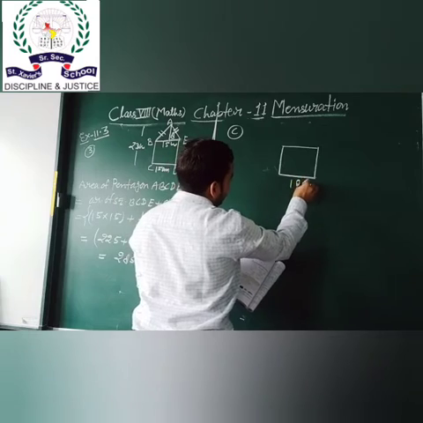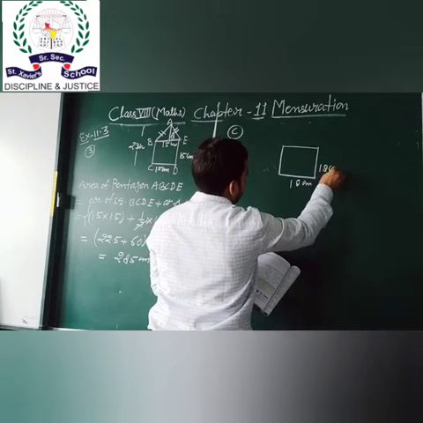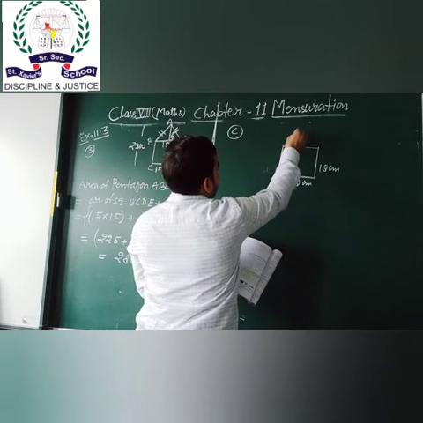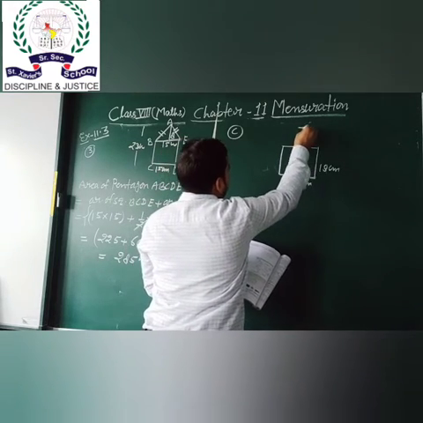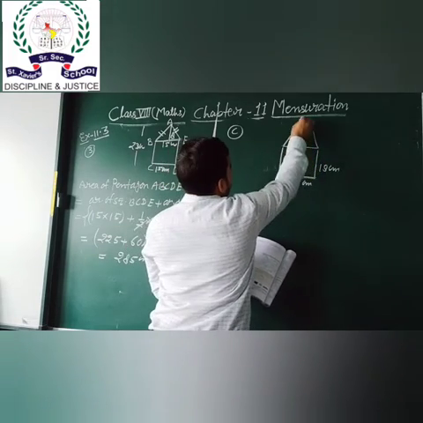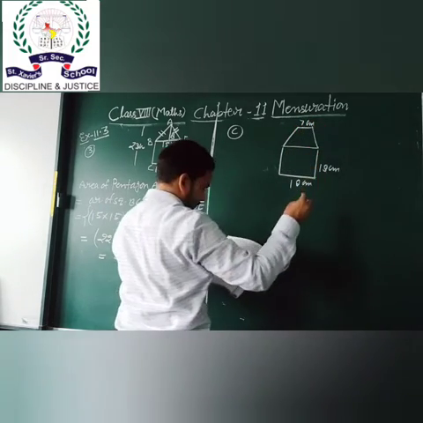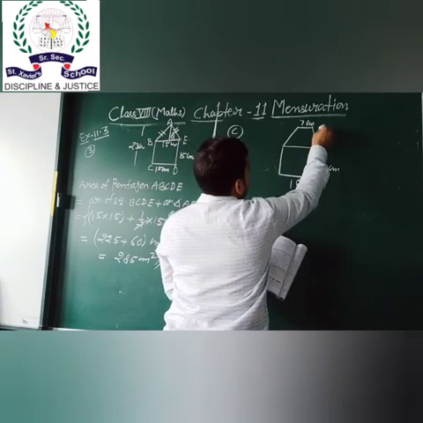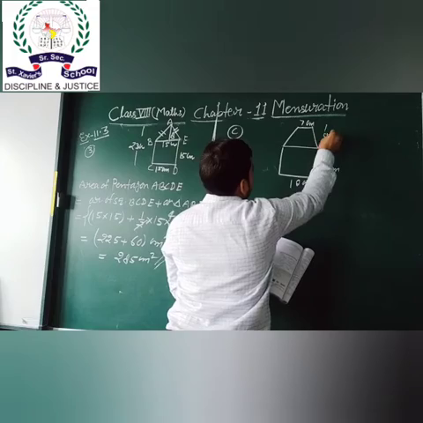The square is 18 centimeter by 18 centimeter. And this side is 7 centimeter. And this is 8 centimeter.